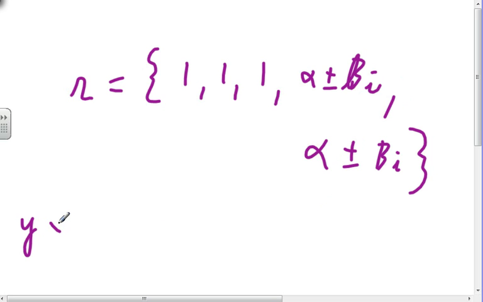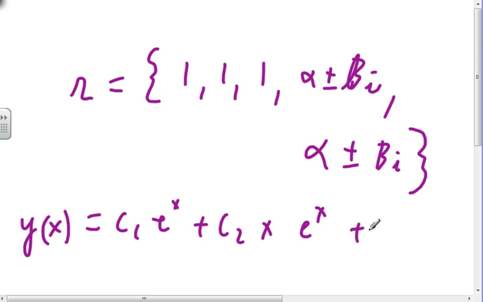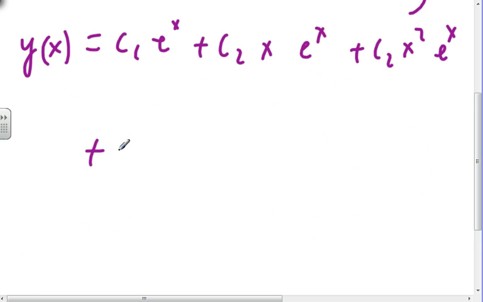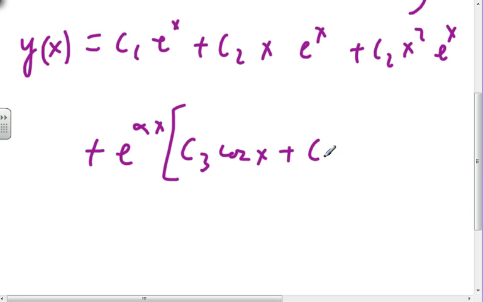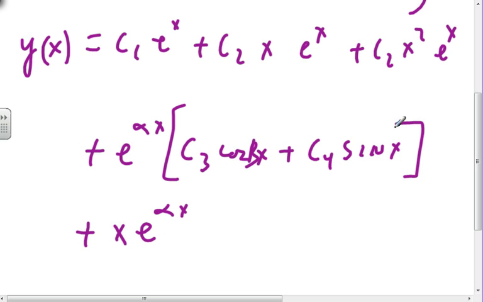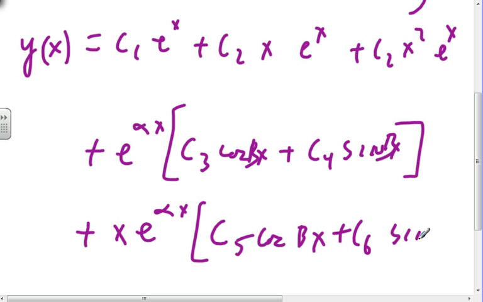Then my y of x would be c1 e to the x plus c2 x e to the x plus c3 x squared e to the x plus e to the alpha x, c4 cosine beta x plus c5 sine beta x plus x e to the alpha x, c6 cosine beta x plus c7 sine beta x.